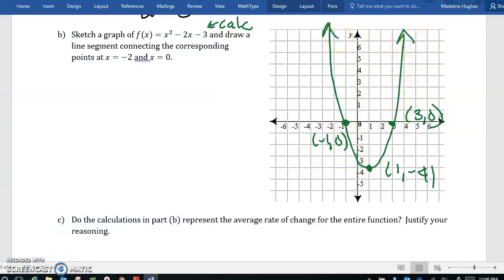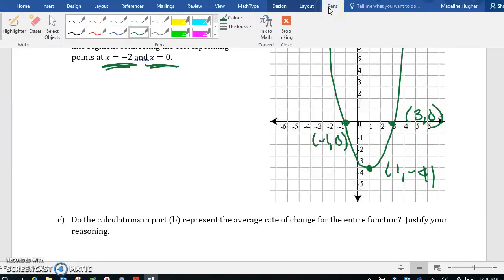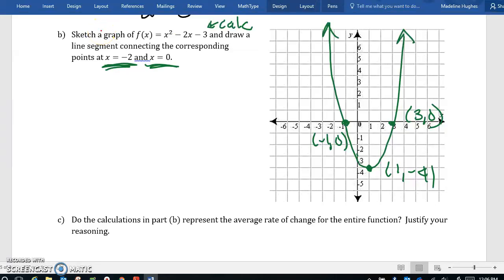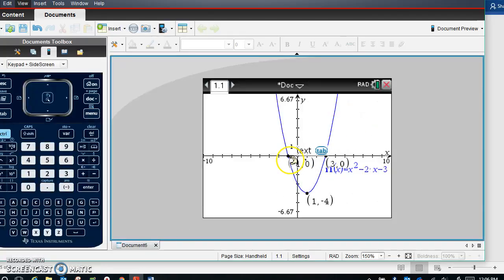There we go. Okay, and we want to know where x is -2 and x is 0. So if I go over to x is -2 and go up, it looks like our graph is about 4. We can check that back on our graph. If we go to -2 and go up, it's at 4. Okay, (-2, 4).